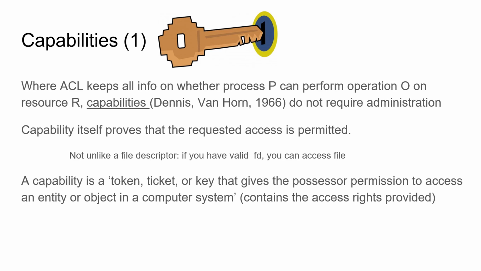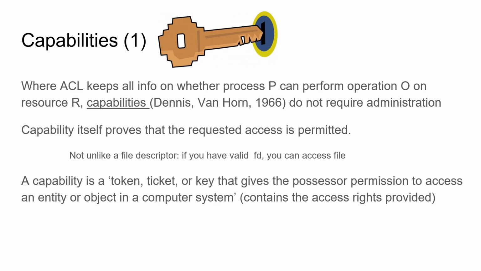Even in the traditional operating systems basics that we get used to in universities, we have some notion of a capability, or at least something very similar, when we talk about, for instance, file descriptors. If you have a file descriptor, it means that you can perform operations on that file, right?